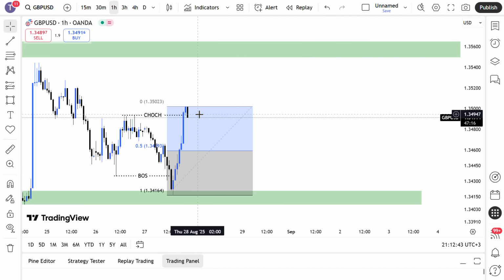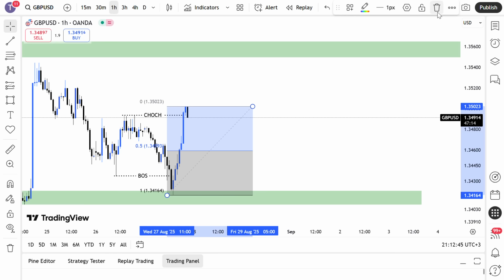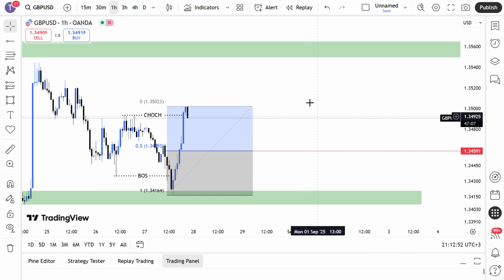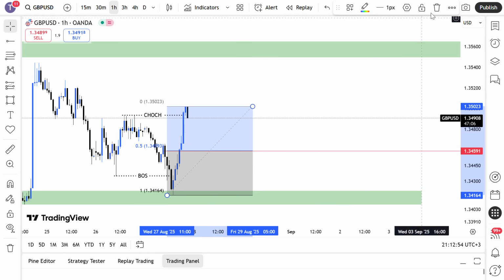So let me try to look for a good order block. This is the 50% area, the discount level. So let me delete this.